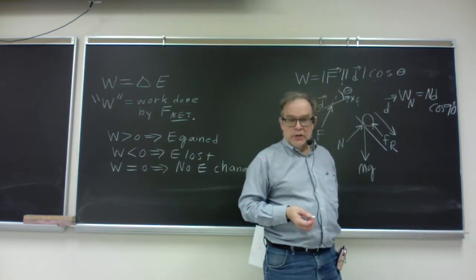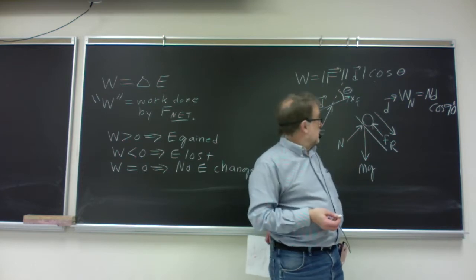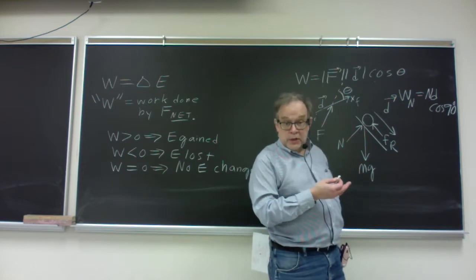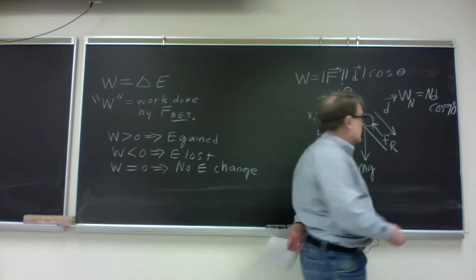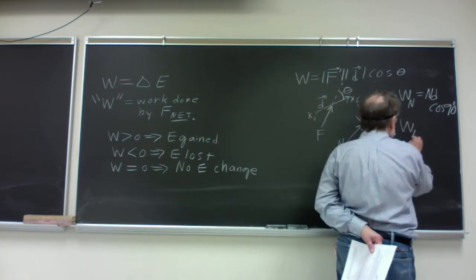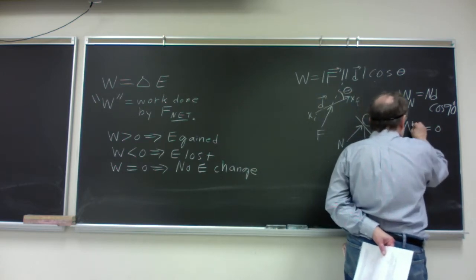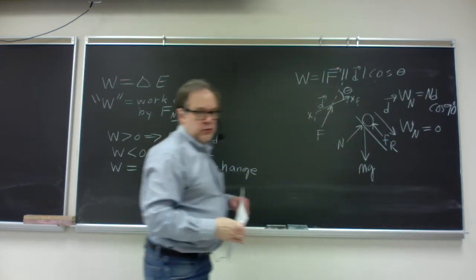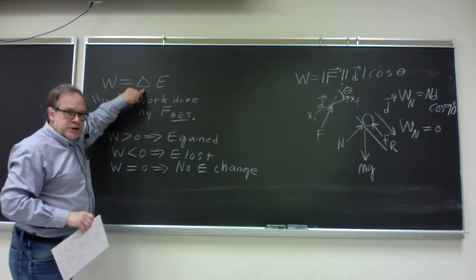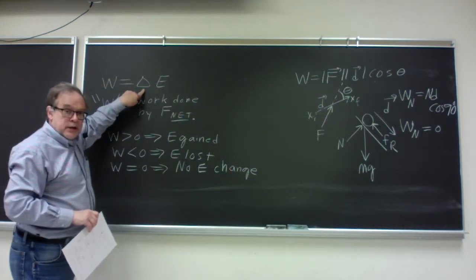And trigonometry tells us that the cosine of 90 degrees is 0. So that force actually does no work. In other words, that force doesn't do anything to change the energy of the ball.